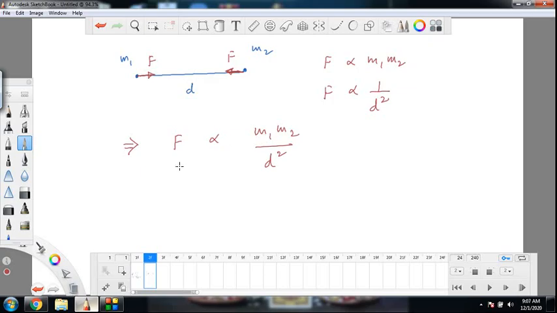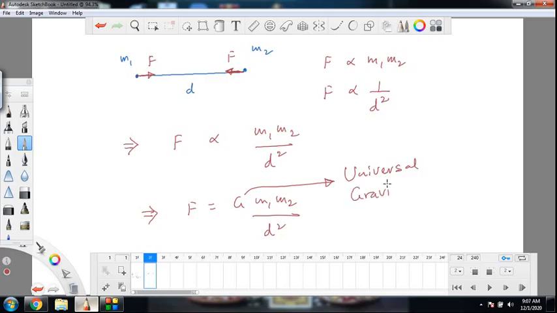And whenever there is a proportionality, you can convert it into equality by introducing an appropriate constant. In this case, this constant is called the universal gravitational constant, because wherever you go in the universe, this constant value is going to remain the same.